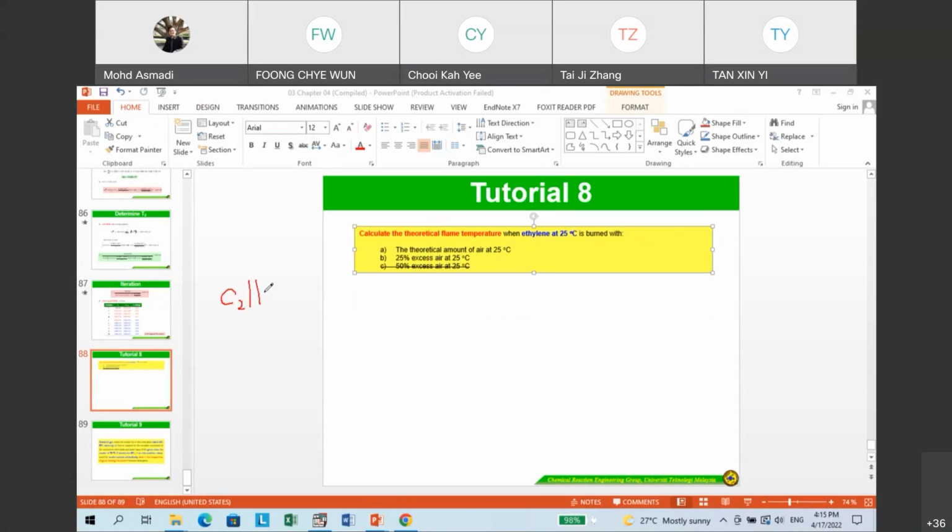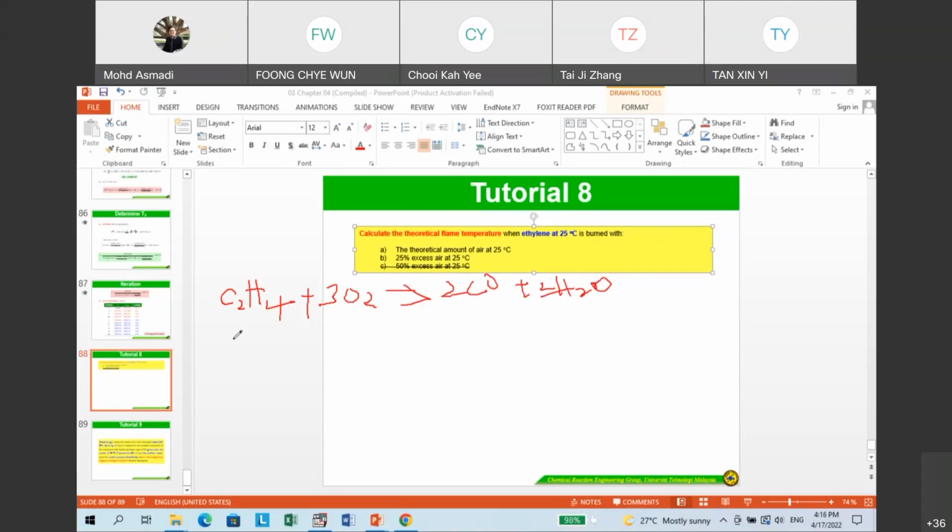For those who already solved this one, I'm not sure whether your answer is wrong or correct, just see the procedure and the steps.